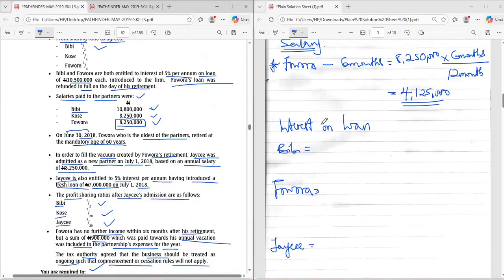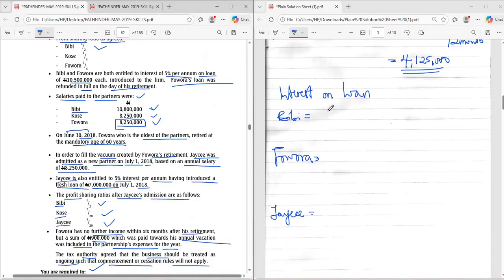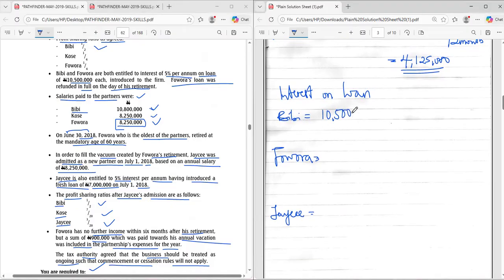Now, BB gave us a loan of how much? 10,500,000. The same thing with Fowora, 10,500,000. But how much loan did JC give to us? 7 million.